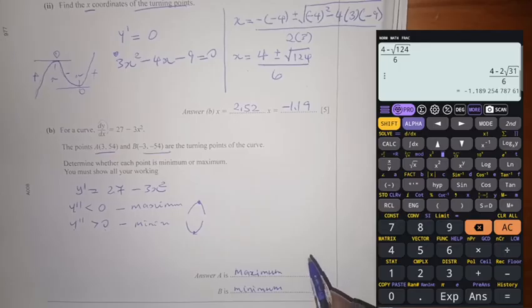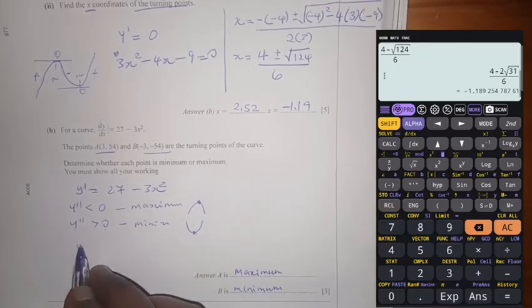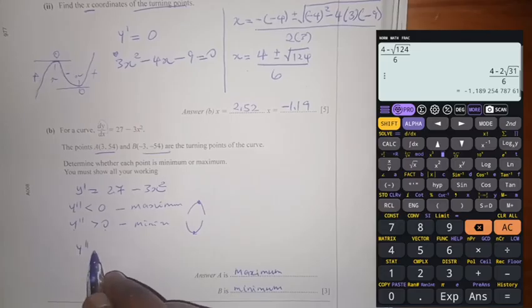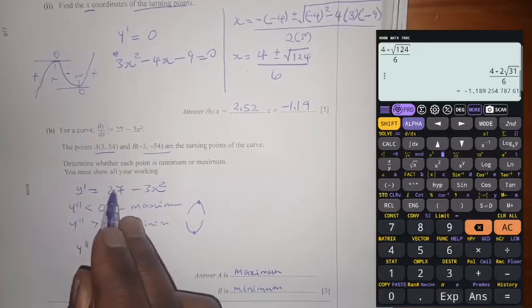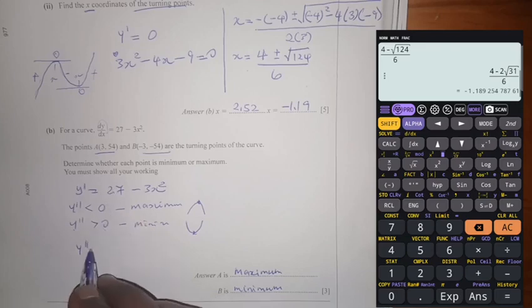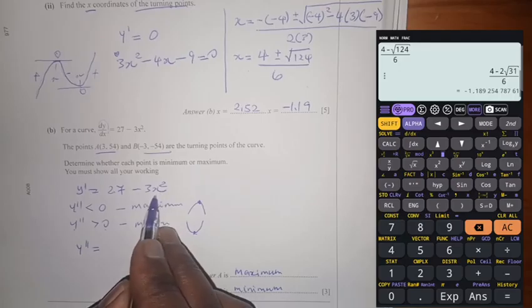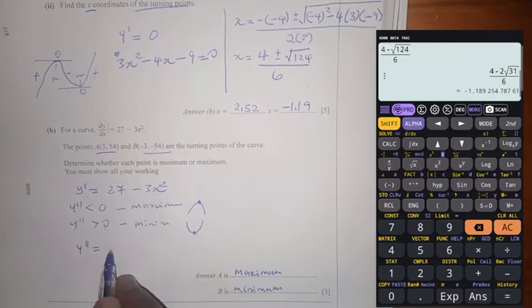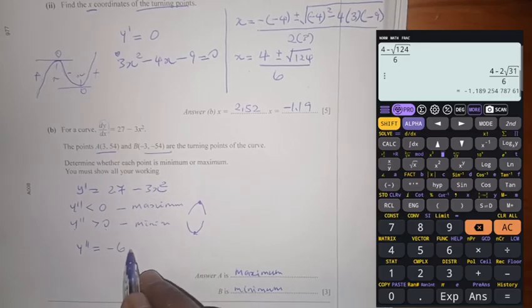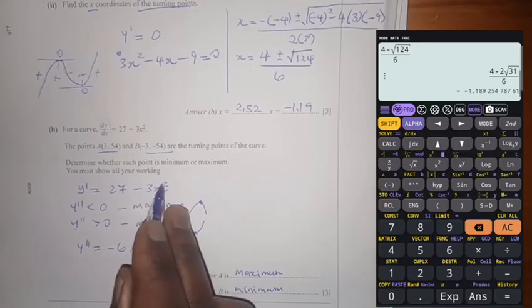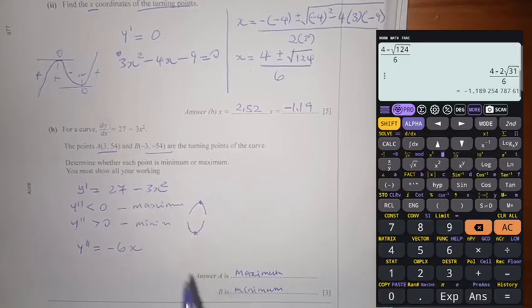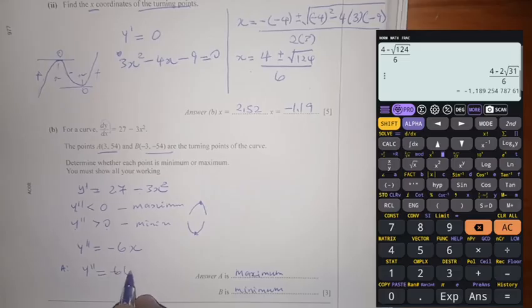So let's find the second derivative here. The derivative of 27 is 0, because the derivative of a constant is 0. Now negative 3x squared, the derivative is negative 3 times 2, which is negative 6, x to the power 2 minus 1 is power 1. Now from there, let's check point A. We have x being 3, so that's negative that time.